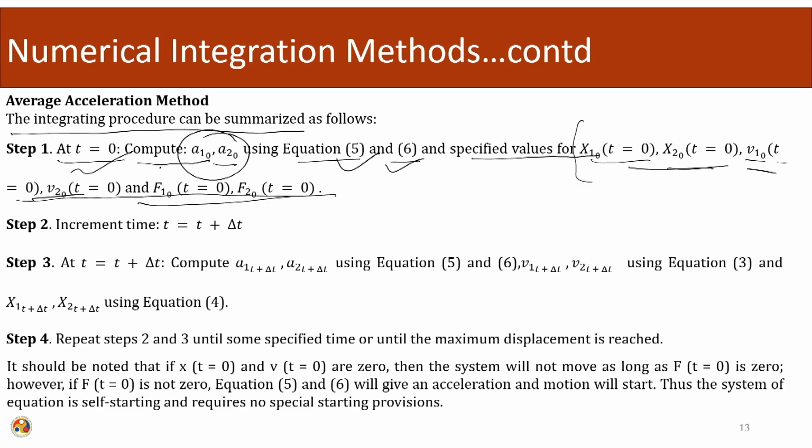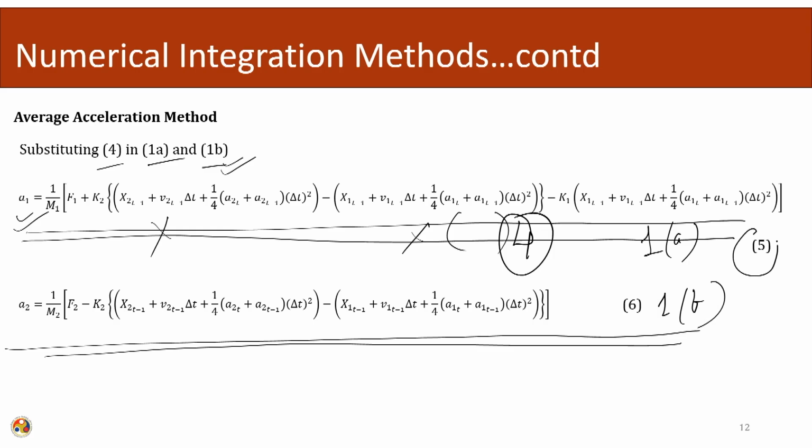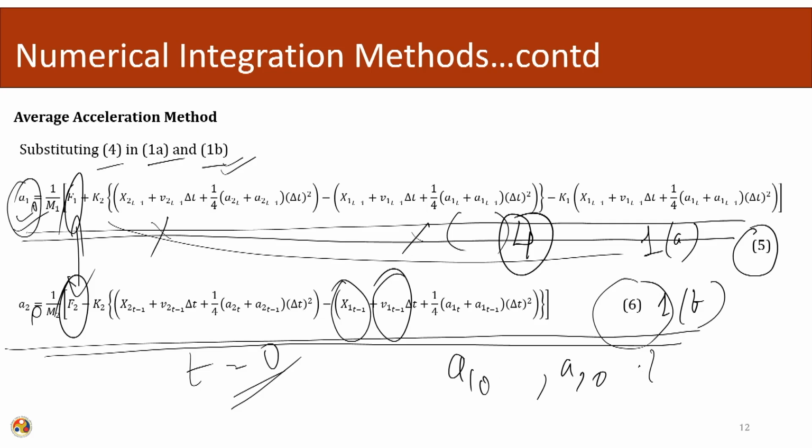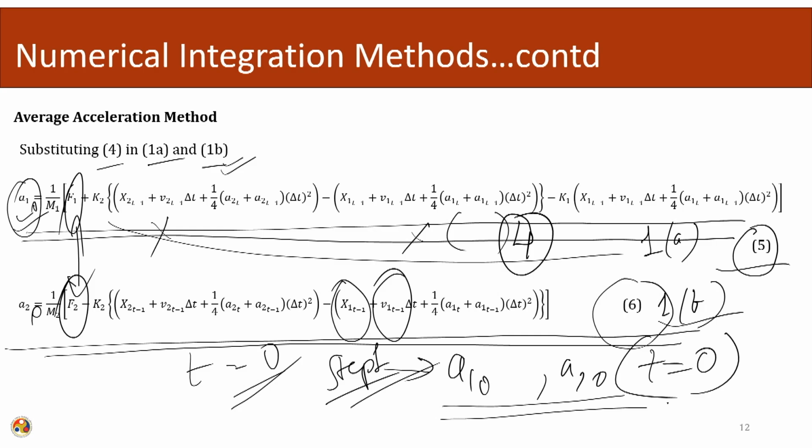Basically, we are taking equations 5 and 6, putting in the values of x, v, and f1, f2, and all these values, and we are getting a1 naught and a2 naught, basically the values of acceleration at time t equals 0. So, this is step 1. Using 5 and 6 we are getting the initial values of the acceleration.